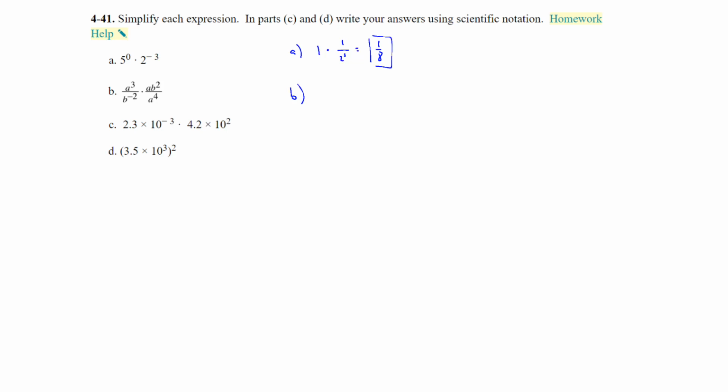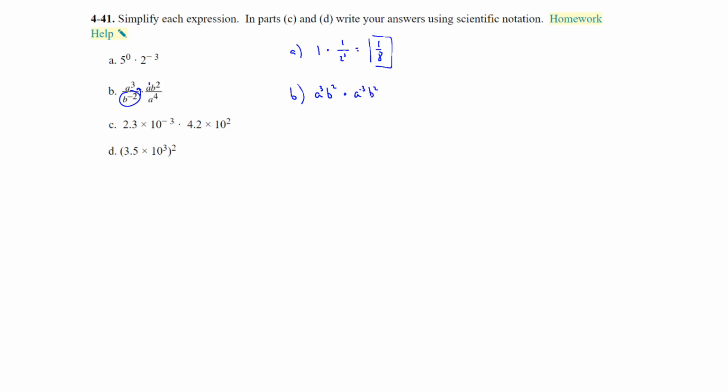B, we have a to the third divided by b to the negative 2, but since it's raised to the negative power, we can write the reciprocal, so that would go on top, times, let's see, we have a to the first over a to the fourth, and so we can subtract 1 minus 4 would be negative 3.